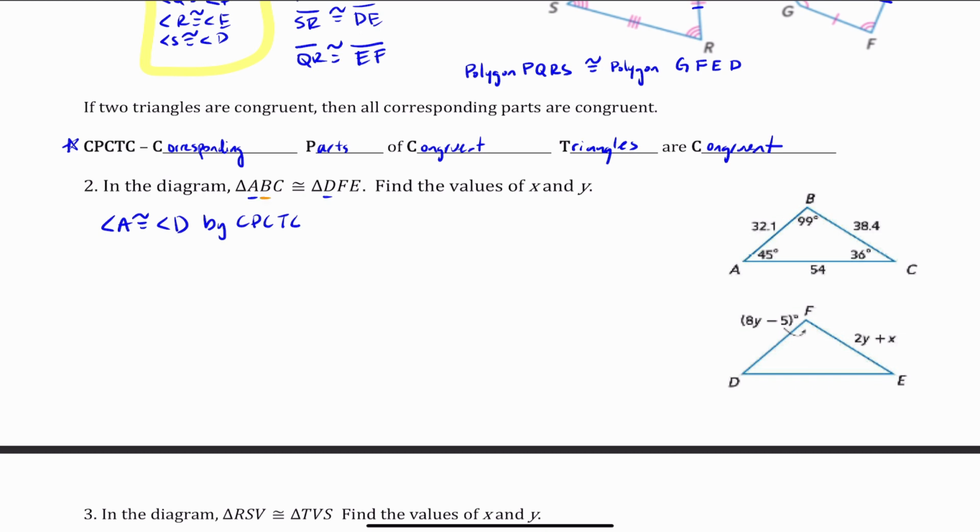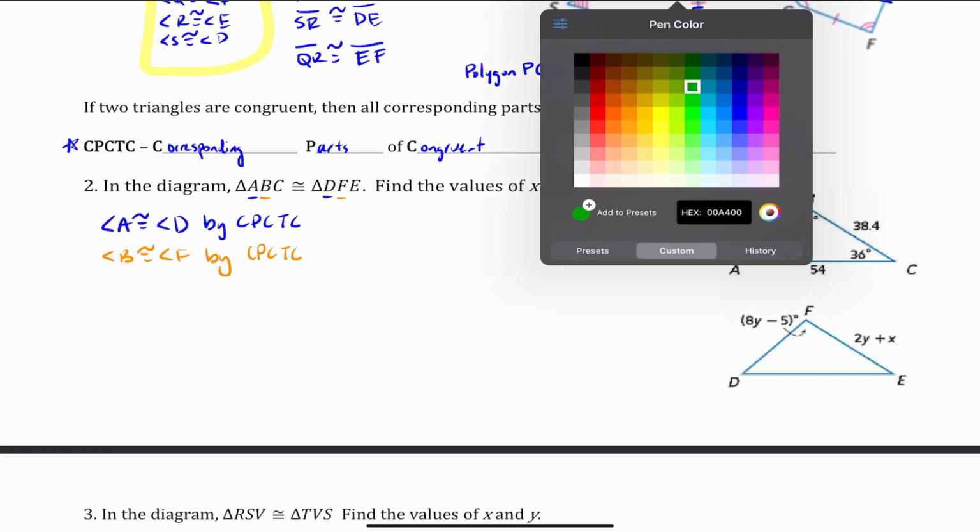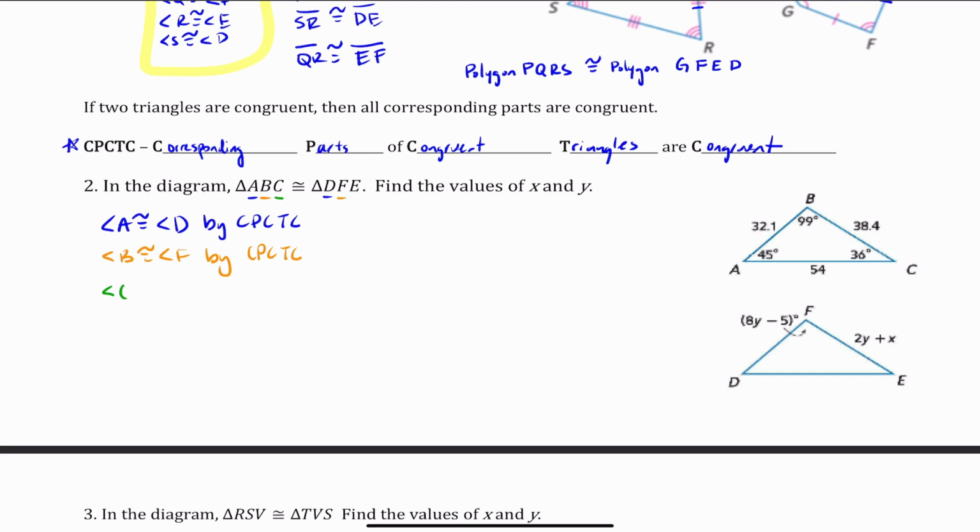And then angle B is congruent to angle F, and that's by CPCTC. And then I'm going to use a different color. Angle C is congruent to angle E by CPCTC. Okay? And that's dealing with the corresponding angles, based on the positioning or where they're located, right?